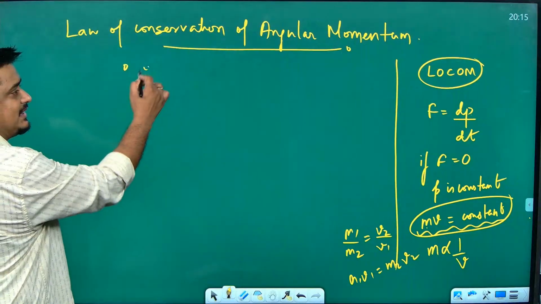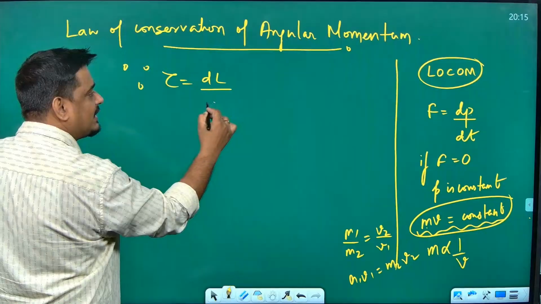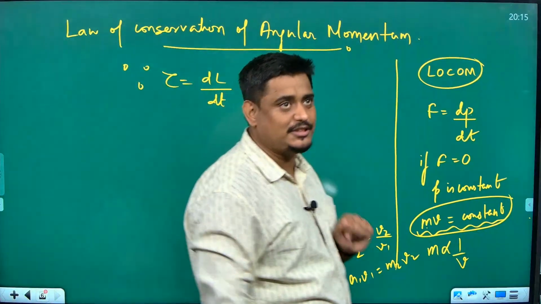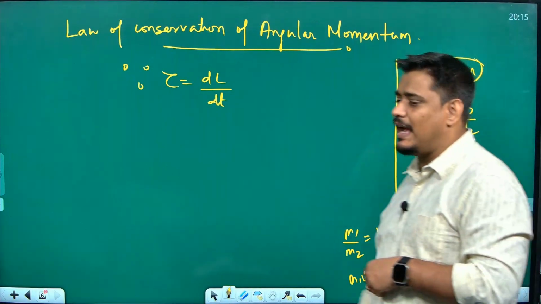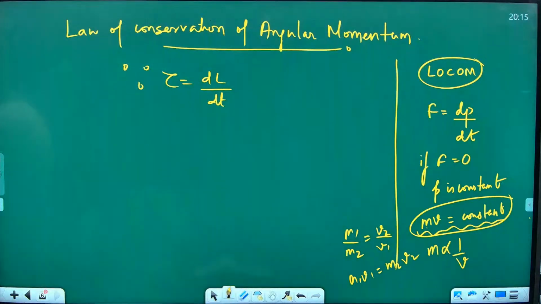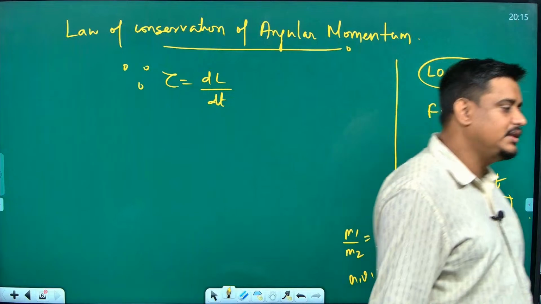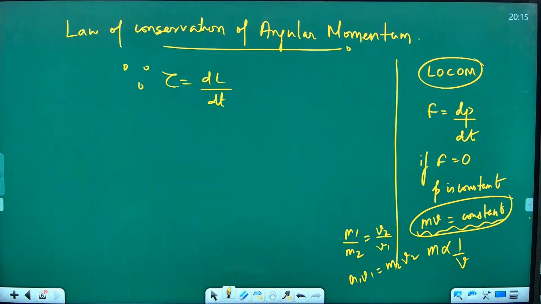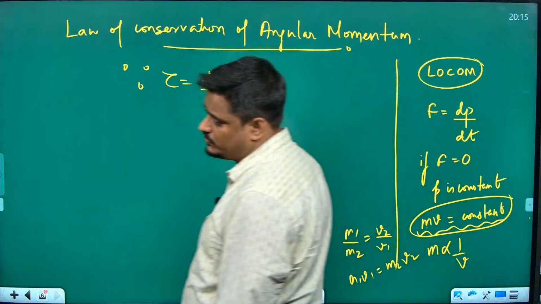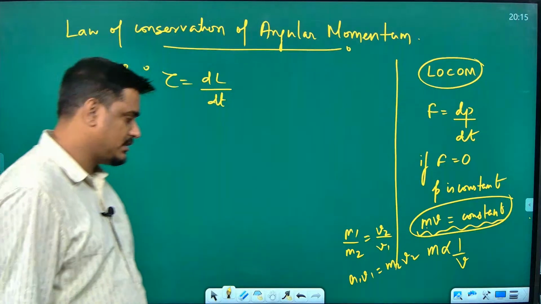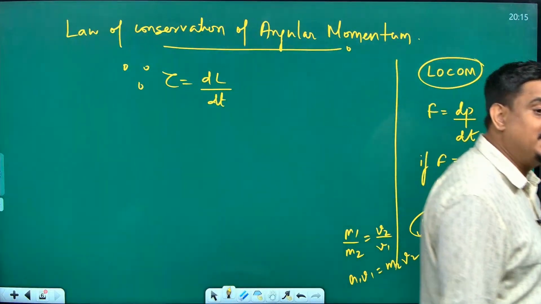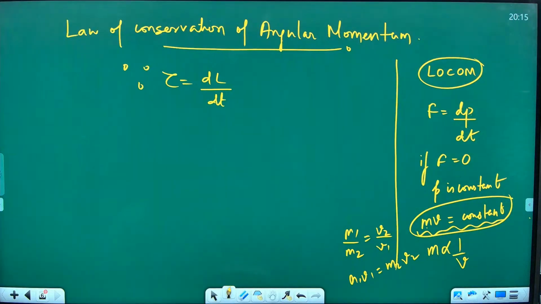Now if I say the law of conservation of angular momentum, what will I say? We know that tau is equal to dL by dt, right? So I can write a definition first: if net torque acting on the body is 0, then angular momentum must be a constant, or you can write conserved, whatever.